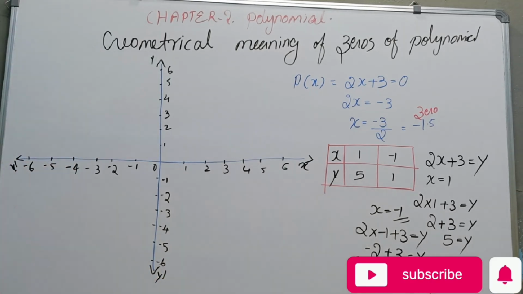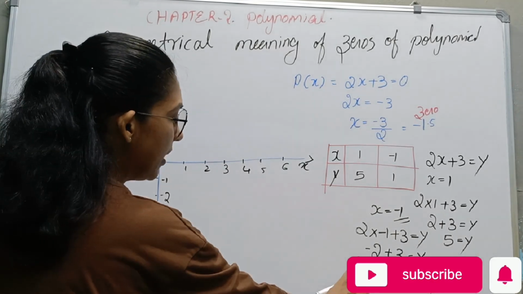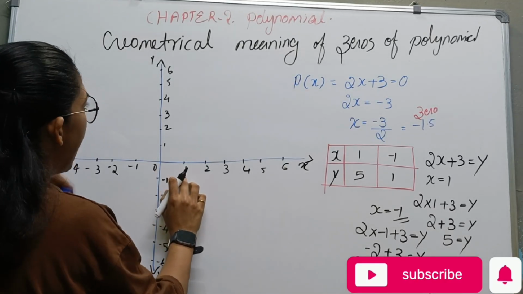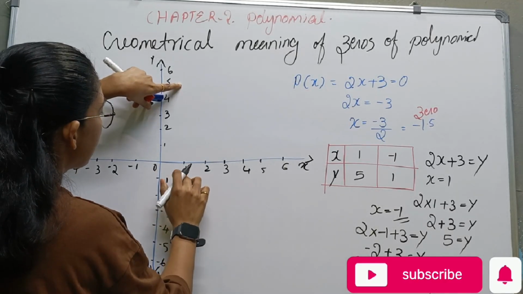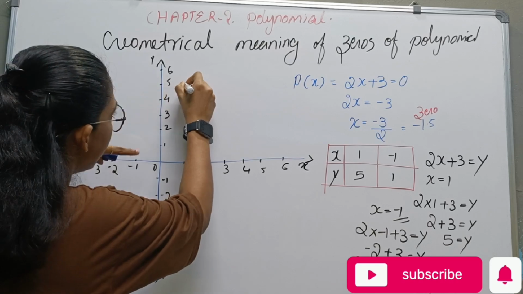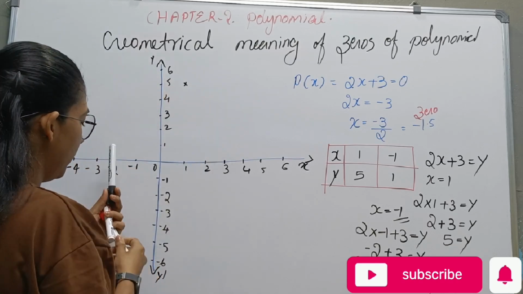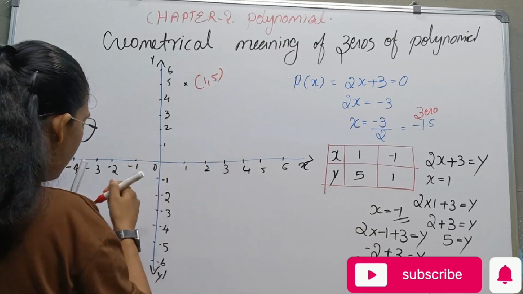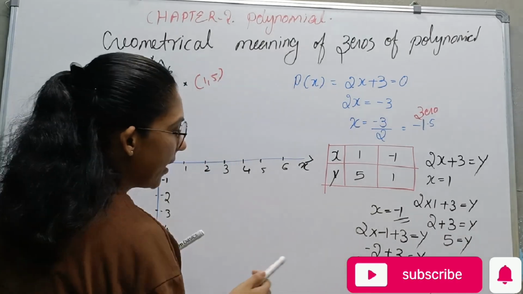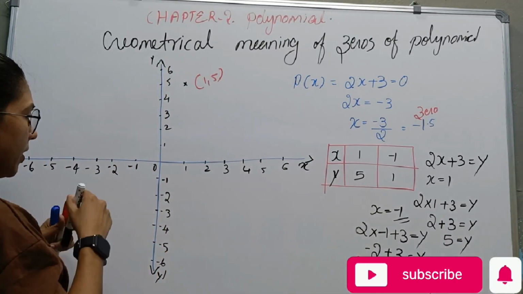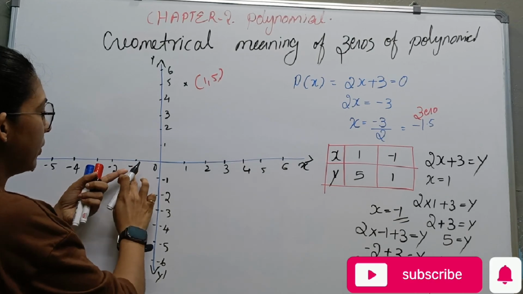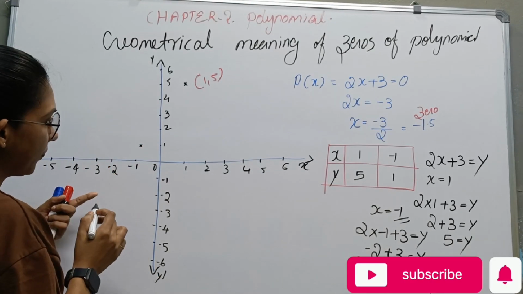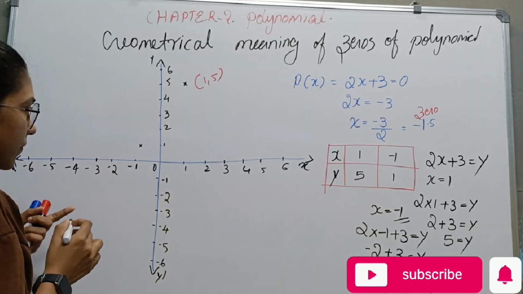These are enough. Now the first point is 1 comma 5. So 1 is here and 5 is here, so the point will be approximately here. The next one is minus 1 comma 1. Here it is minus 1 and here the point is 1.